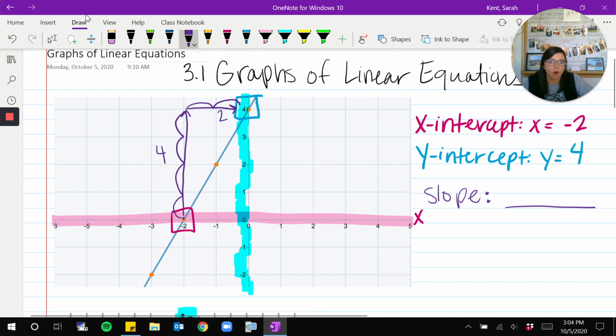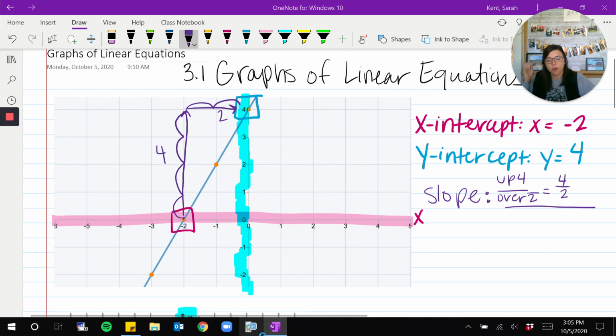So how I'll write this for my slope is I went up 4 over 2. So then I would end up with 4 over 2.